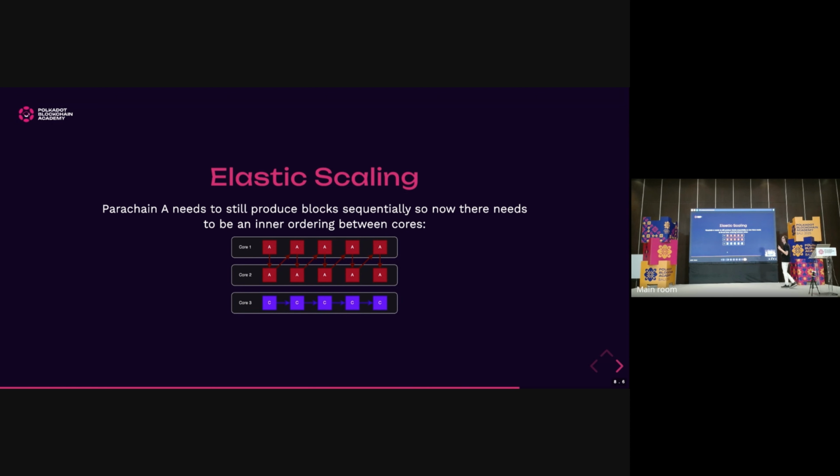So as long as both backing groups get the relevant previous state and the relevant transactions, they can actually validate them in parallel. Of course, if the first one would fail, then the validation of the second one would also be invalidated because it's dependent on the first one. But we can validate them and then do the confirmation check later.